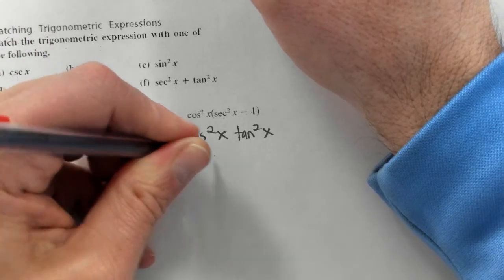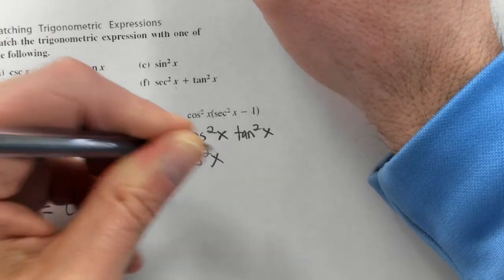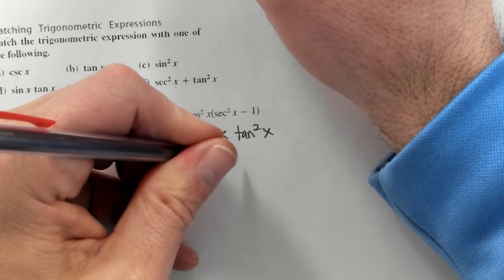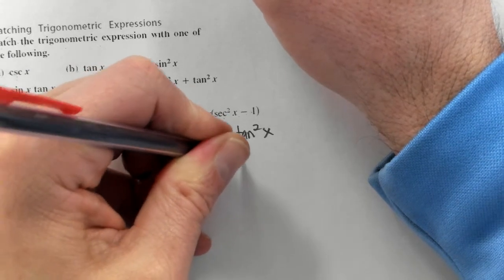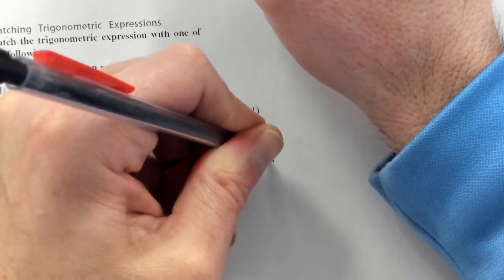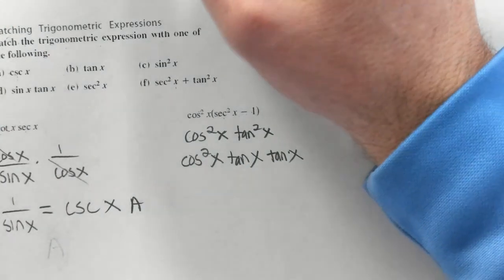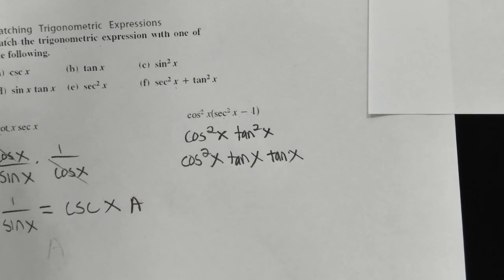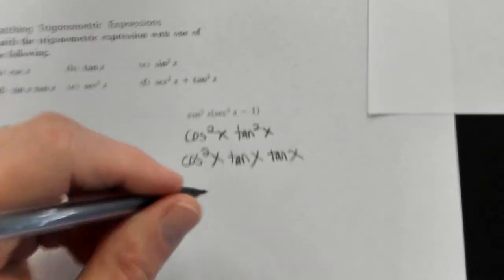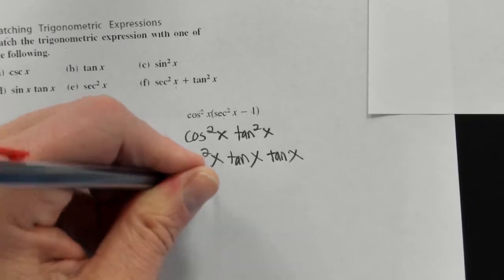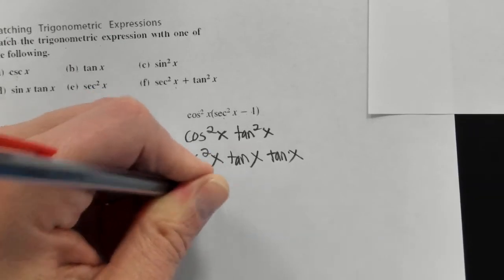So we're going to leave that as cosine squared. But tangent, I am going to change to tangent x times the tangent of x. All right? And as this moves forward now, you're going to see where this is progressing. So cosine squared is going to stay the way it is.